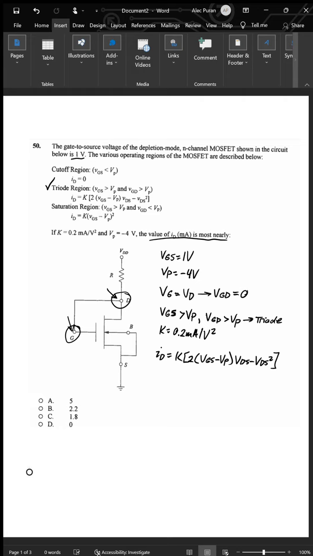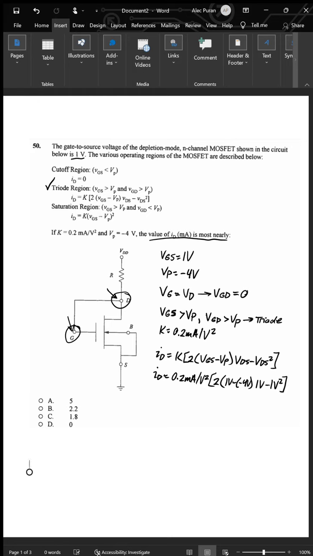And so putting in the values that we know, we have 0.2 milliamps per volt squared as our K times 2, and the difference of VGS and VP is 1 volt minus 4 volts, and that's all multiplied by 1 volt minus 1 volt squared.